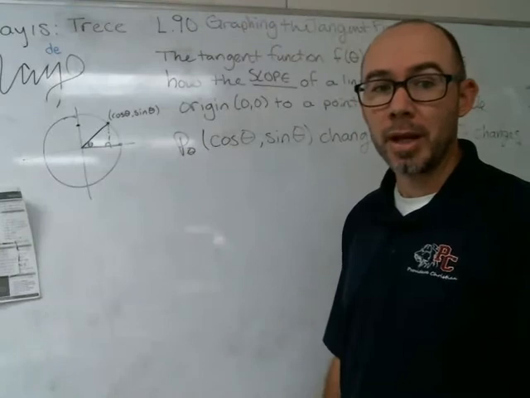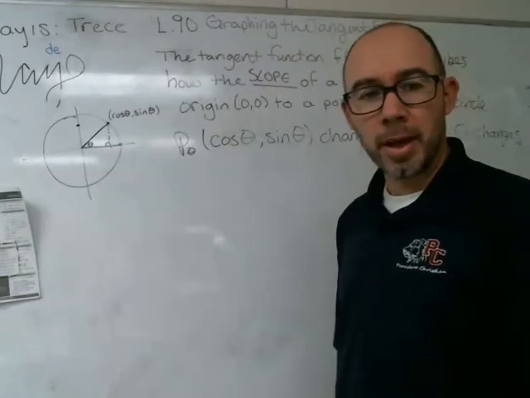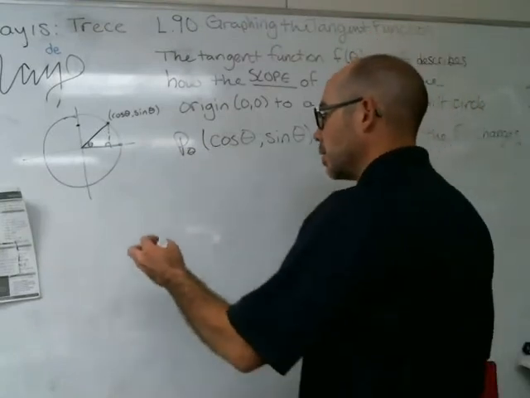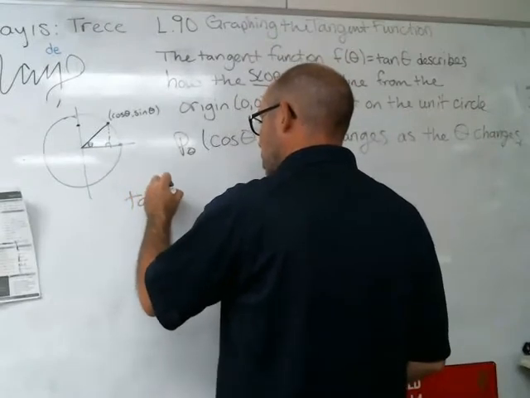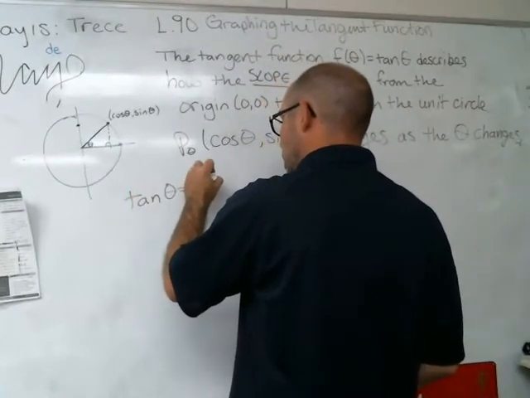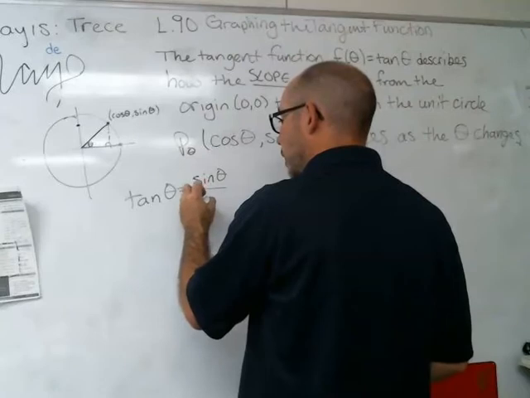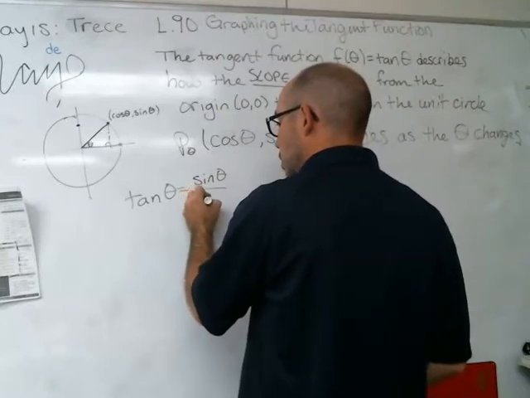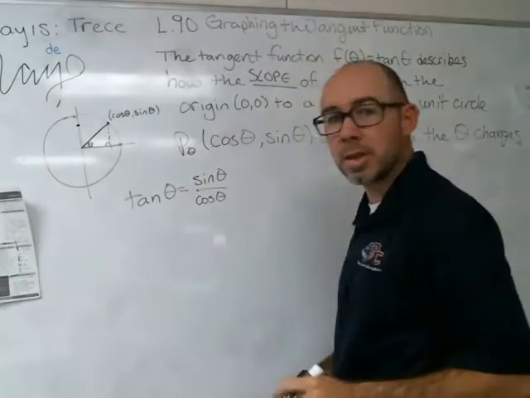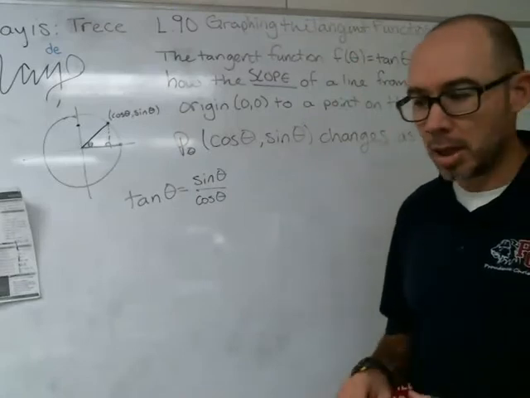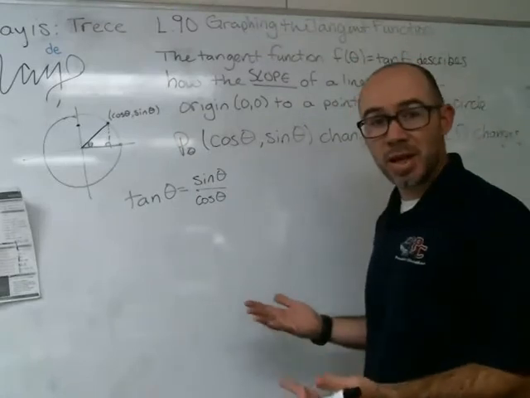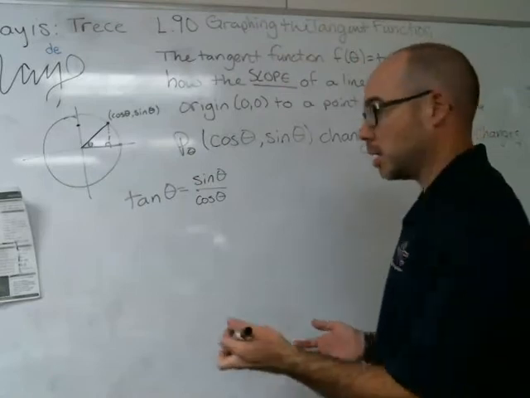There's a reason for that, because another way to define tangent is taking the sine value at an angle and dividing it by the cosine value at an angle. This again is basically the same idea as slope.